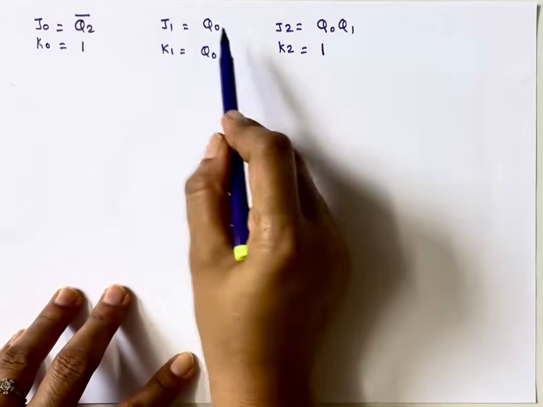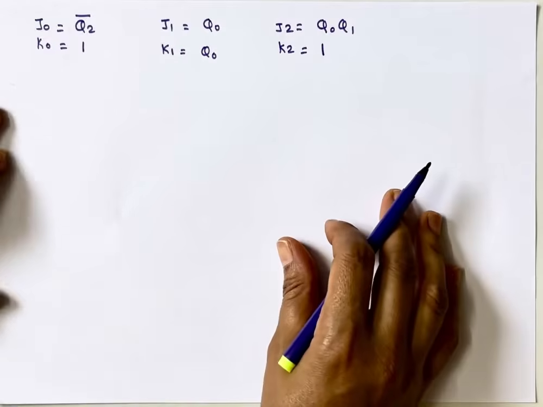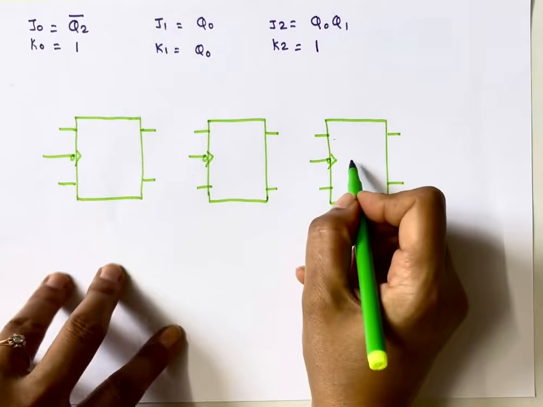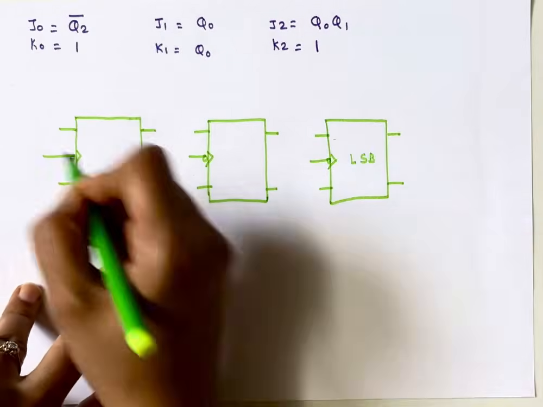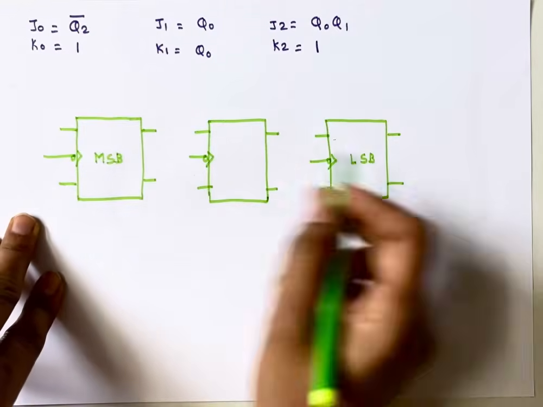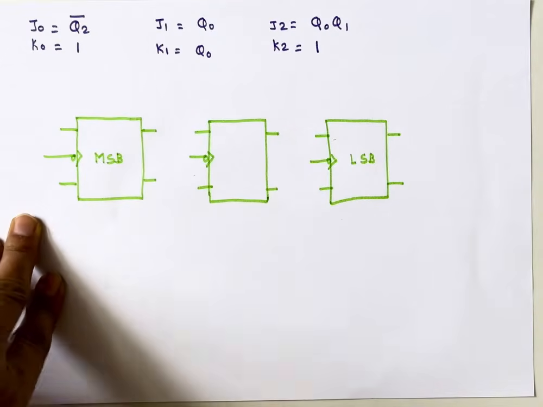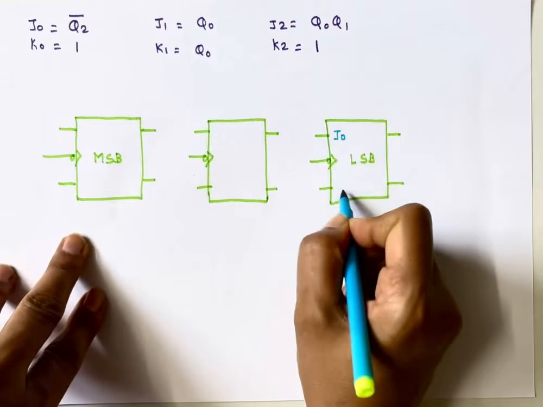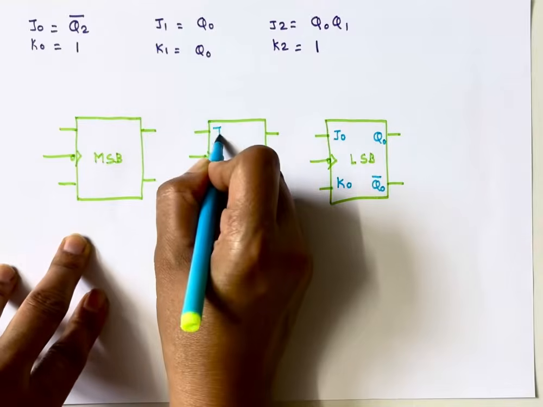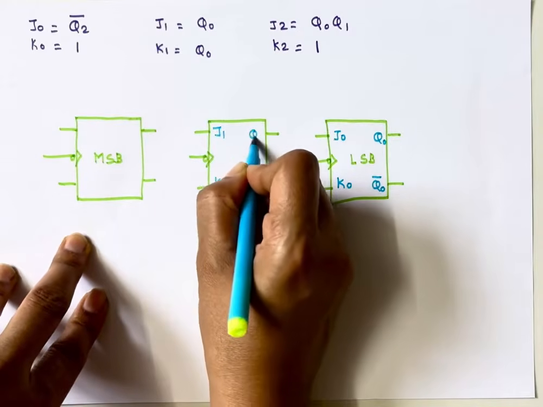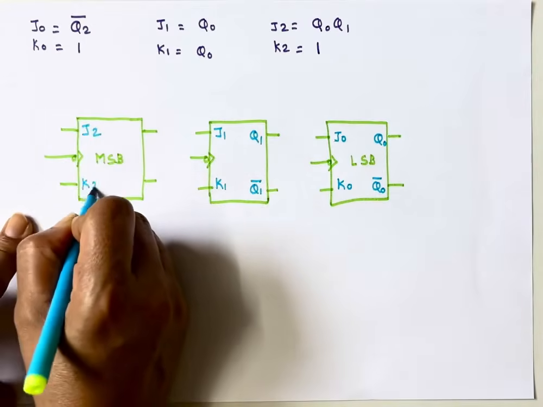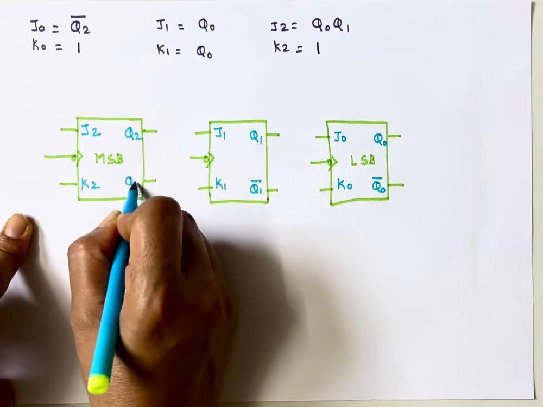These are the equations for the 3 flip-flops. I will draw 3 JK flip-flops first. Let's assume this is my least significant bit and this is my most significant bit. It means this flip-flop generates the LSB, this generates the MSB. Then the inputs will be J0, K0, Q0, Q0 bar, J1, K1, Q1 and Q1 bar, J2, K2, Q2 and Q2 bar.